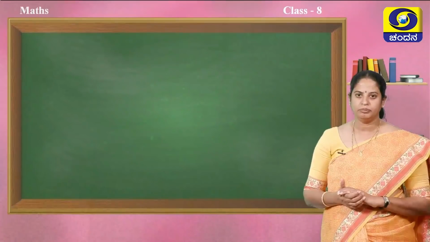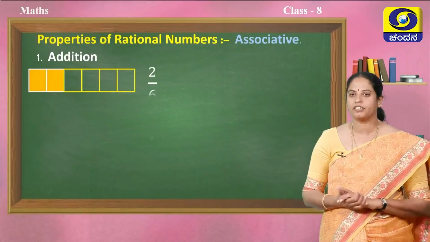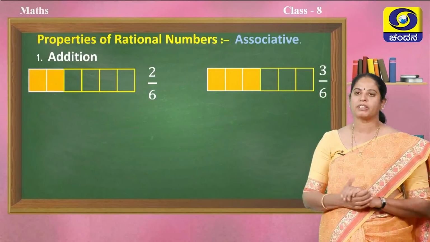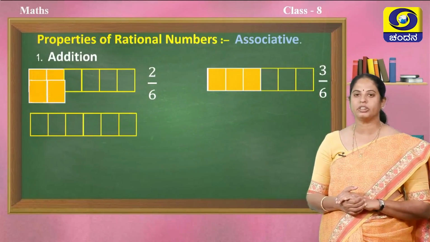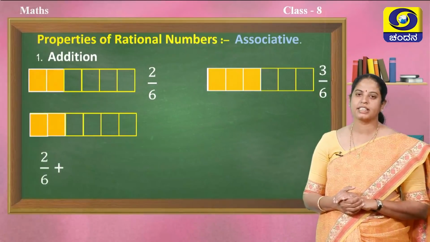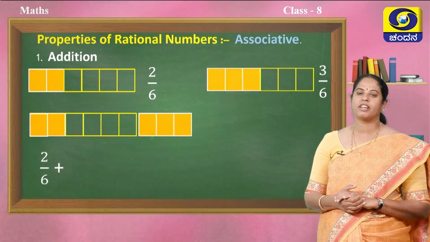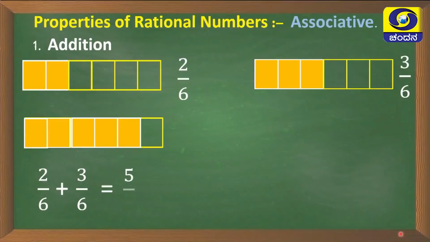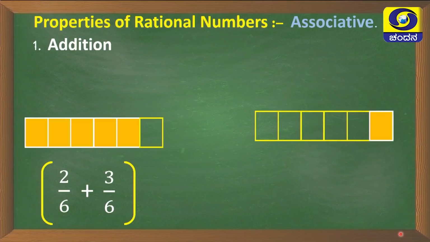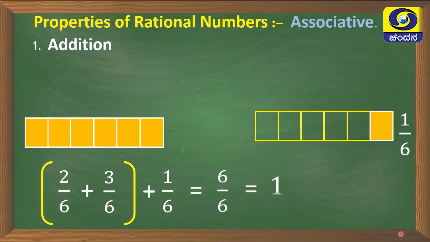Now, let us group in a different way. Observe what happens. 2/6 is considered. Now, I am going to add 3/6 to 2/6. I am getting 5/6. Now, I am going to add 1/6 to this result. What am I getting? Yes, the same result, 6/6.